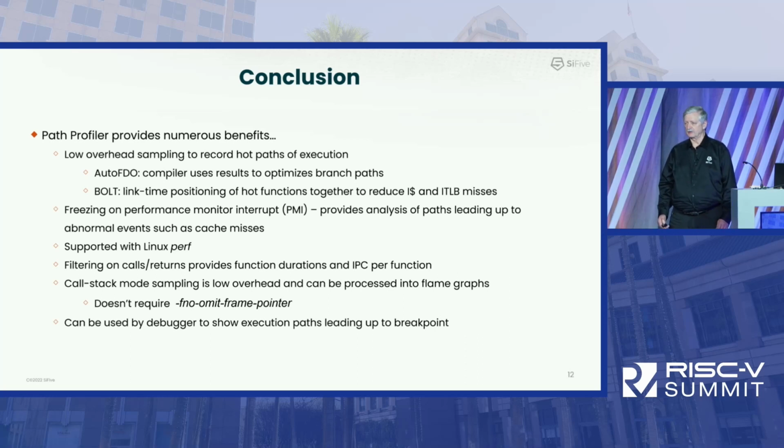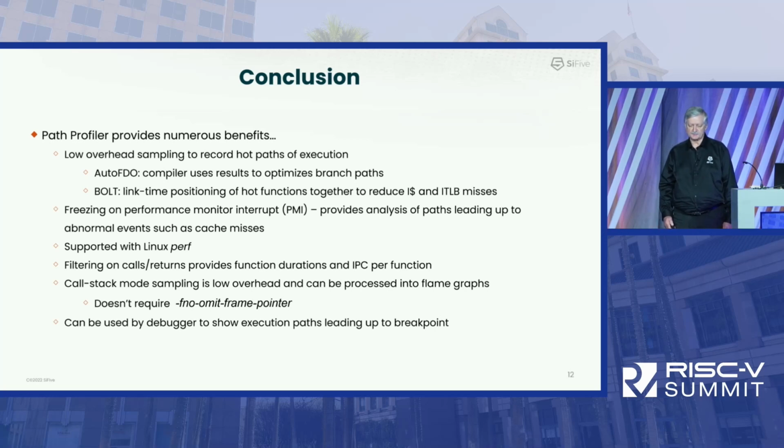I mentioned it's supported by Linux perf, and filtering on calls and returns can be quite useful to get a higher level of granularity for profiling and performance measurements based on the performance counters that we've included.